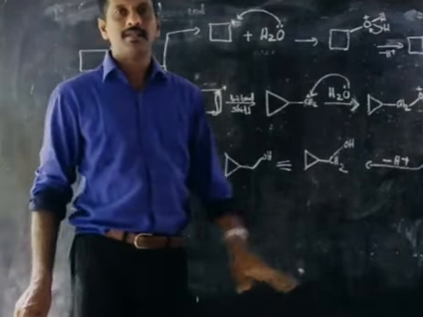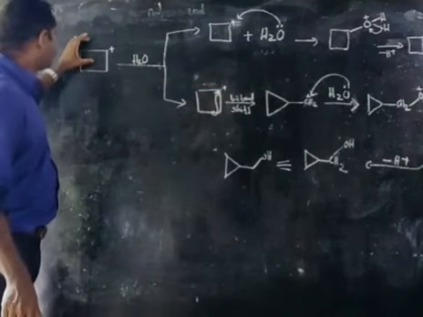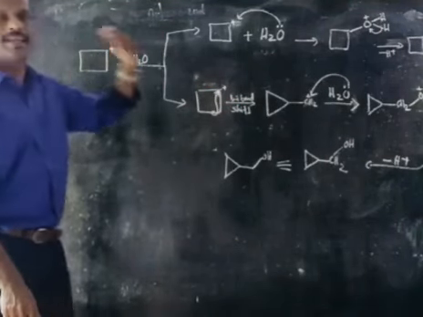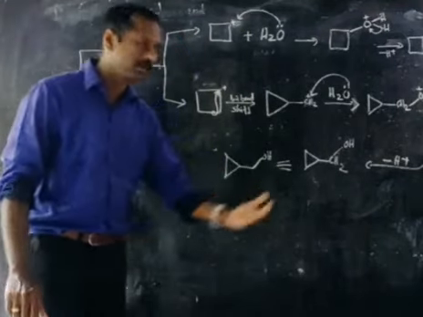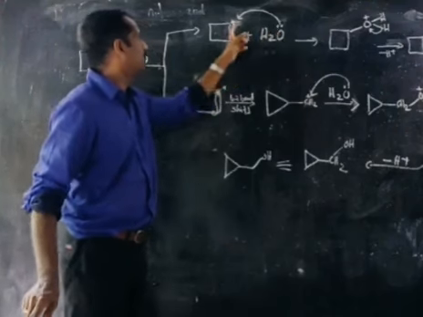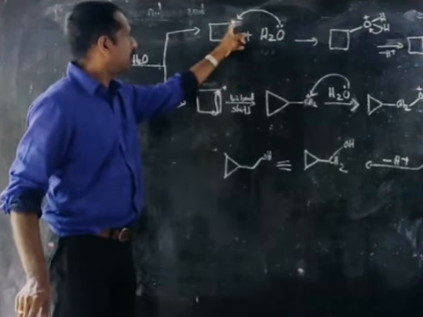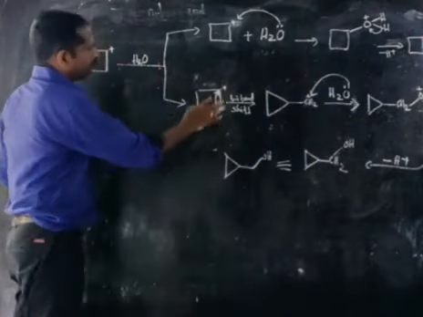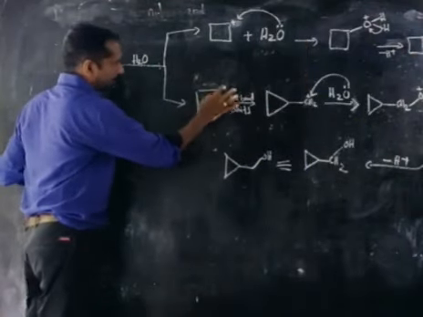Clear? So earlier we have discussed how the cyclobutyl cation is formed. Cyclobutyl cation can immediately react with the water molecules present in the medium, and one is the unrearranged product because the OH2 is attacking directly on the positively charged carbon, and you are getting OH here. There is a second possibility. When a positive charge is created here, what will happen?